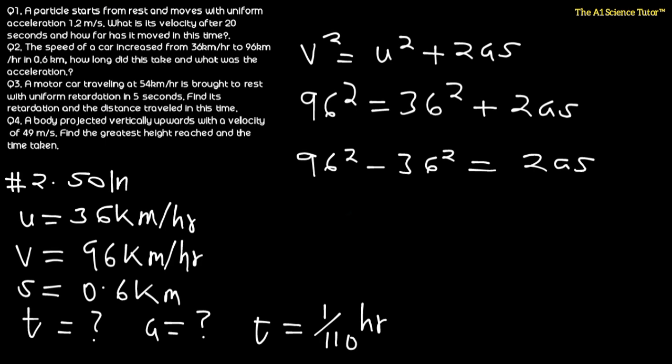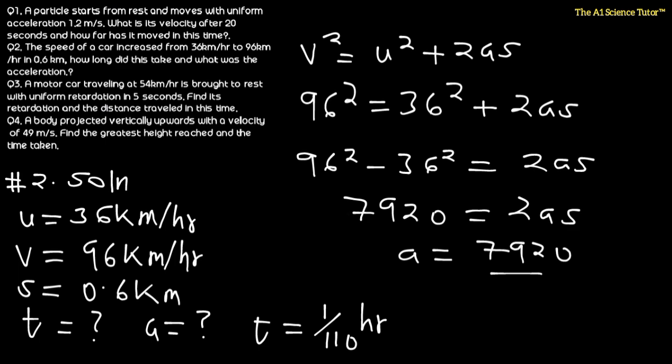So 96 squared minus 36 squared gives us 7920. And so this is equal to 2as. So the acceleration should be 7920 divided by 2s. Now what is s? S is the displacement, which was actually given to be 0.6 kilometers.